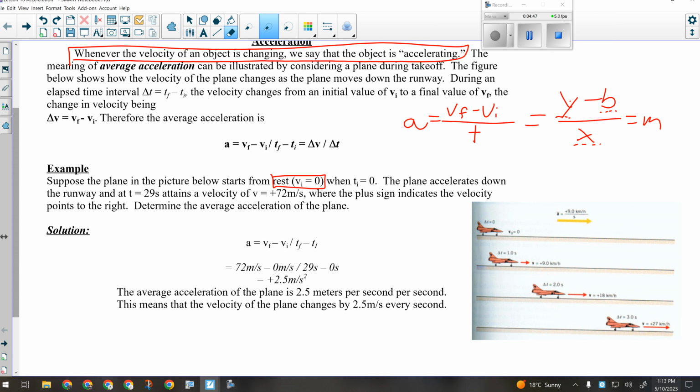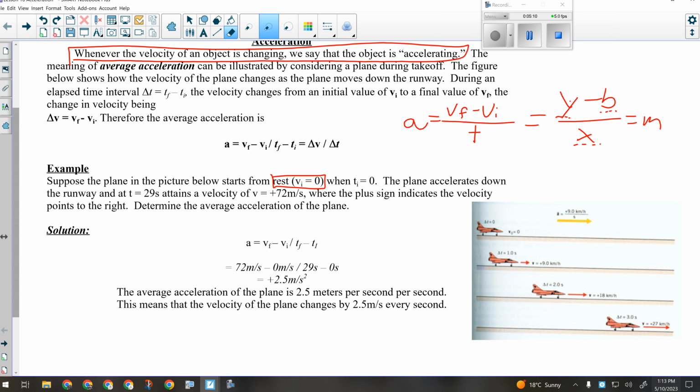If something starts from rest, its initial velocity is 0. If it comes to rest, final velocity is 0. Starts from rest, VI is 0. Comes to rest, VF is 0. Rest always means stopped. So you kind of have to look at the context of the question to decide which one is going to end up being 0.